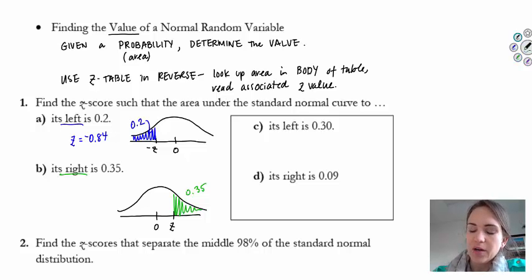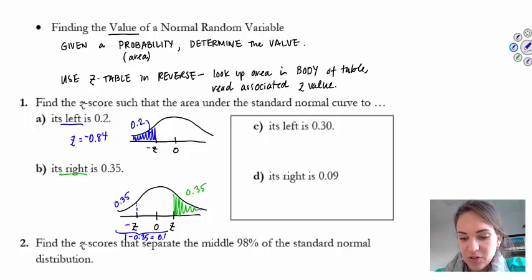We could look for the z-value on the table that has 0.35 to the left, and because of symmetry, that will be the negative of the z-value we're looking for. Or we can take 0.35 away from 1 and see what all the area to the left of that z will be.